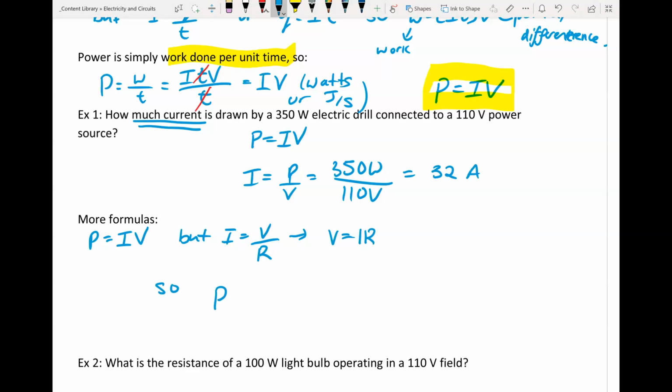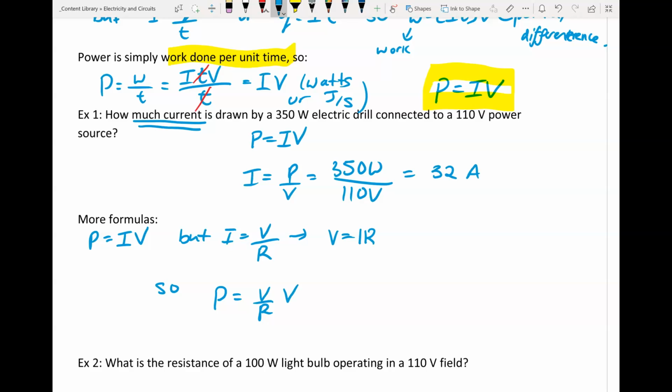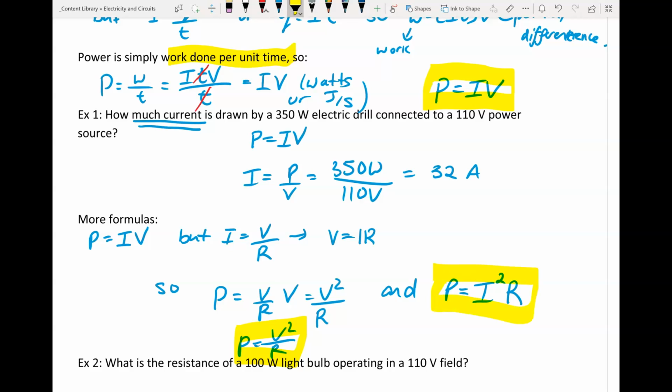So we can also calculate power as V over R times V, by replacing our current I with V over R, which is then V squared over R. So this is one formula that we could also use. So power is equal to the potential difference squared over resistance. And also we can derive that power is equal to the current squared times R by using V equals I times R. This is another formula we could use.